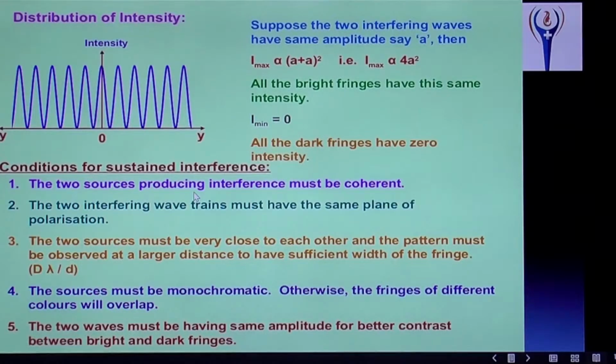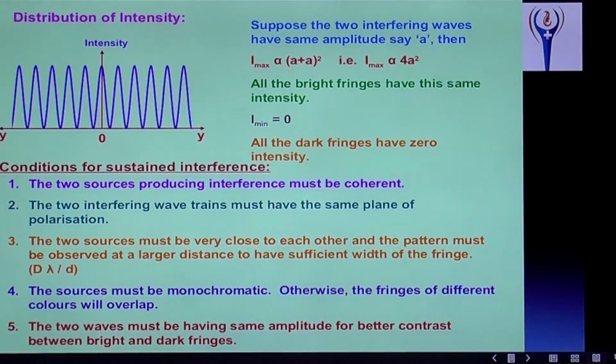Condition for sustained interference: the two sources producing interference must be coherent, which we already discussed. Coherent sources have the same plane of polarization. The two sources must be very close to each other and the pattern must be observed at a larger distance; that is, small d must be small and capital D must be large. Another condition is that the source must be monochromatic.